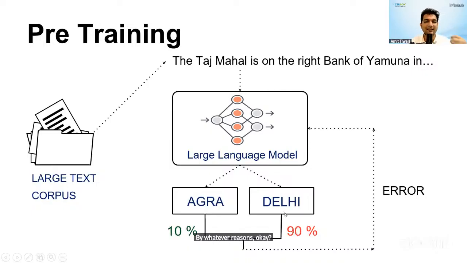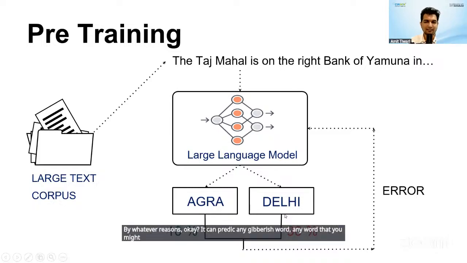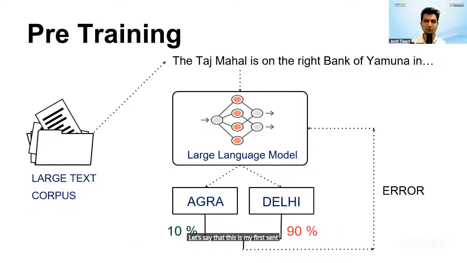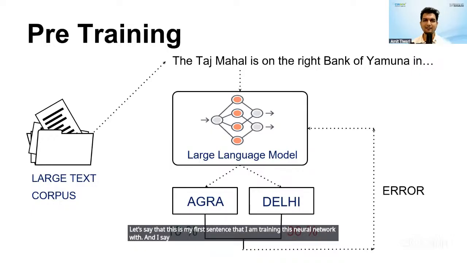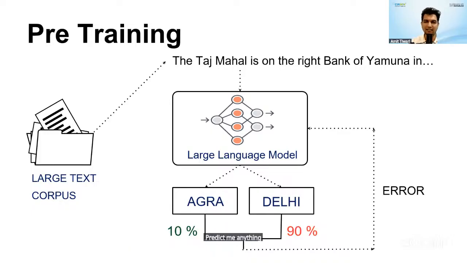It can predict any gibberish word, even one that is not in the English dictionary. Let's say it predicted zebra, which is absurd, right? It can predict anything because it doesn't have any context right now. Let's say this is my first sentence that I am training this neural network with, and it predicts some random word. So it predicts Delhi, let's say.